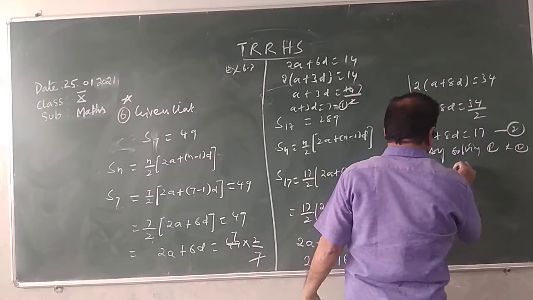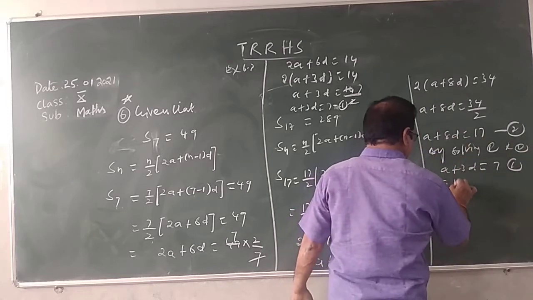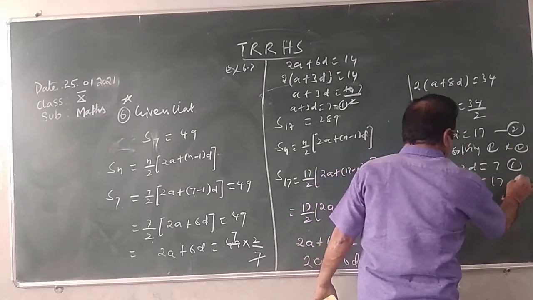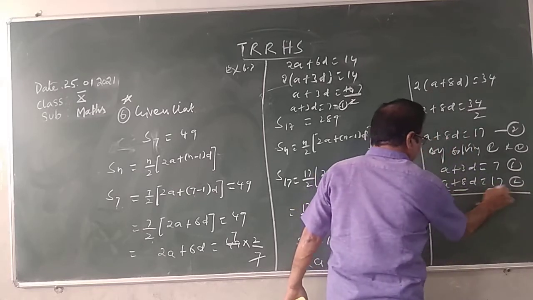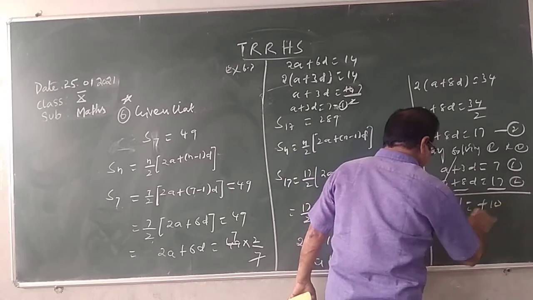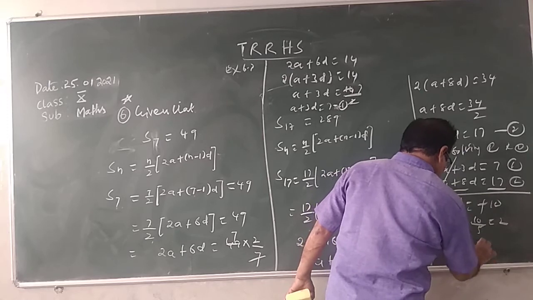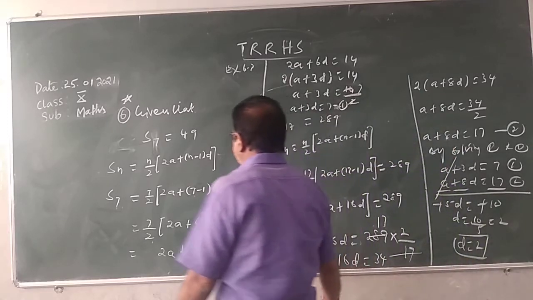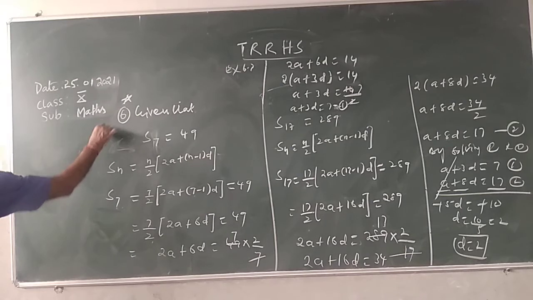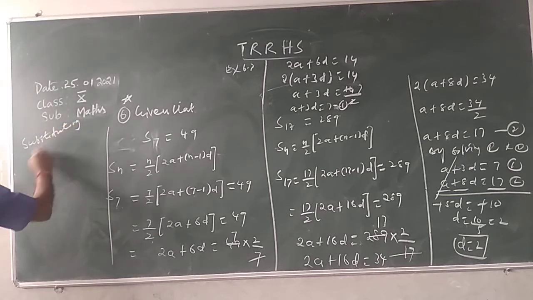First equation is a plus 3d is equal to 7. Second equation is a plus 8d is equal to 17. Subtract: a minus a cancels, minus 5d, minus 10, minus cancels. d is equal to 10 by 5, d is equal to 2.